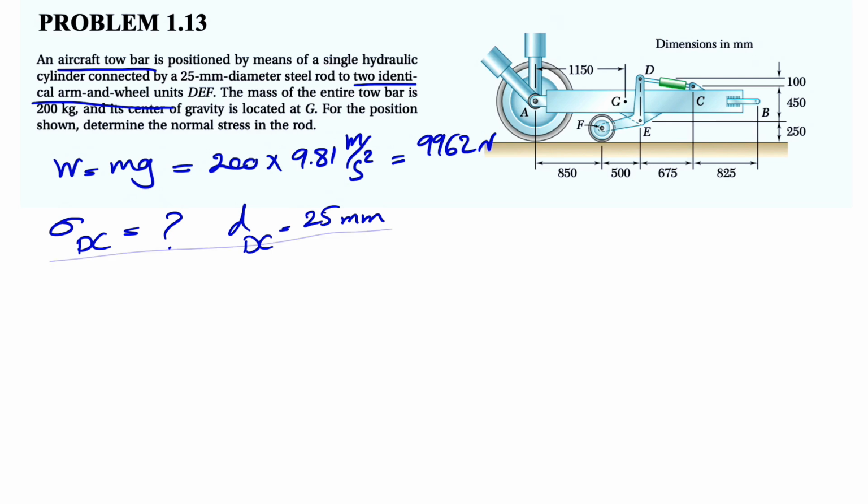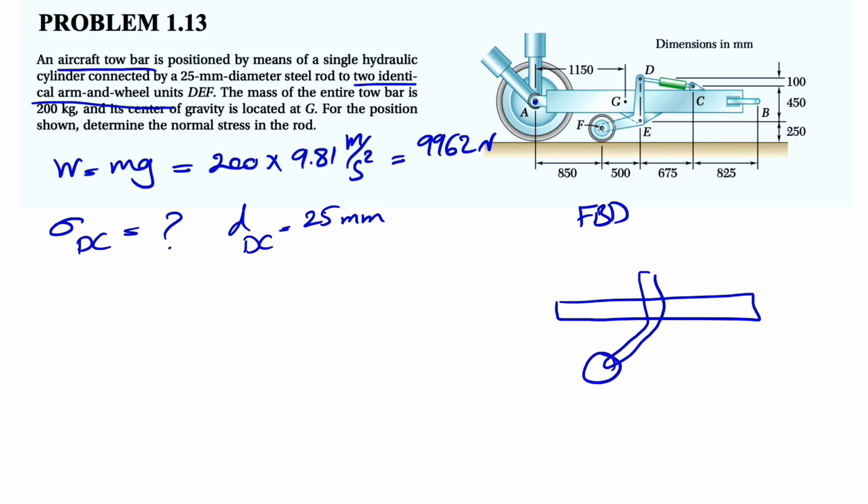So let's start with the free body diagram of the entire system, other than the wheel that is attached at point A. So we have the whole thing. This is our tow bar, this is the member DE, and we have this wheel in here, and this is our member DC. We are interested in all the external forces in here, which is the force at A. We have a pin, so we have to consider both X and Y components.